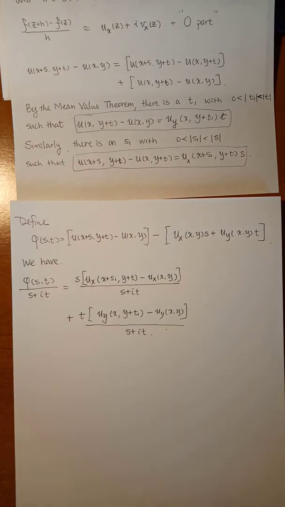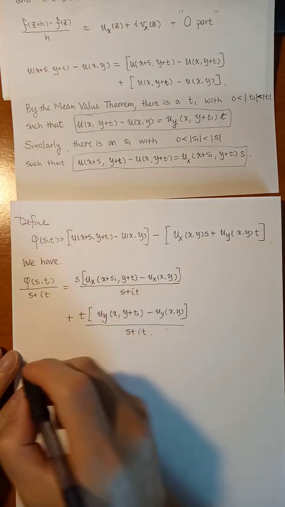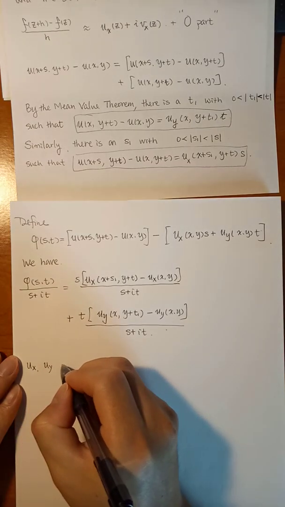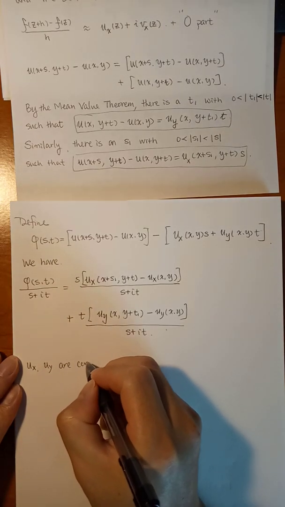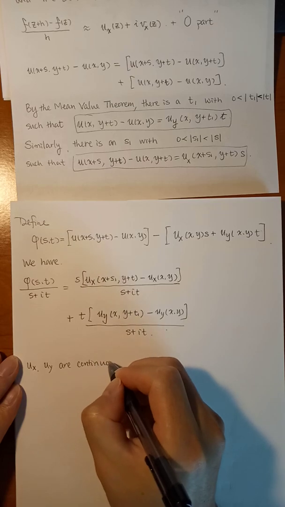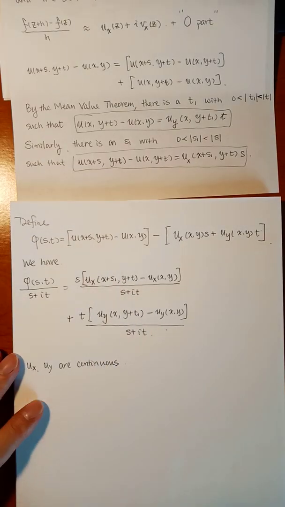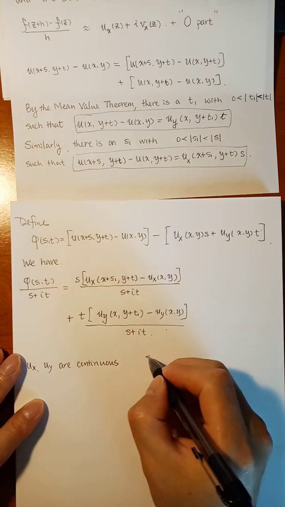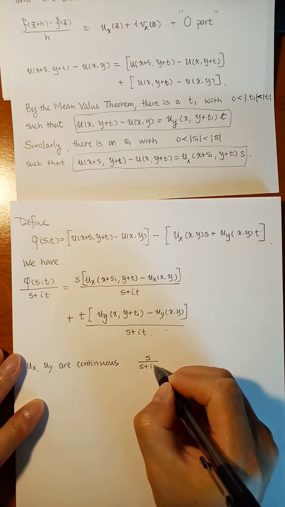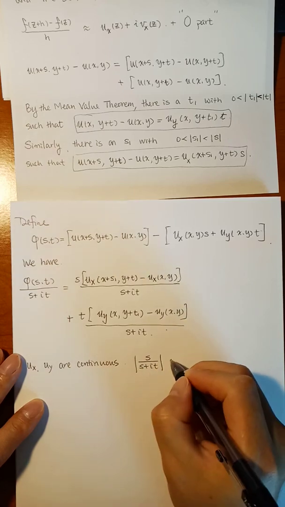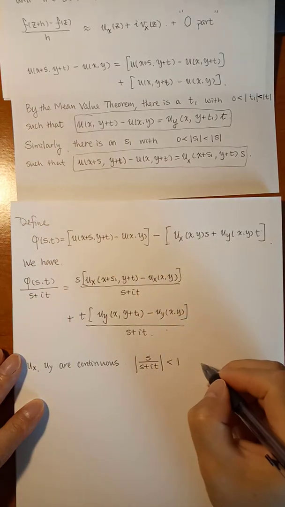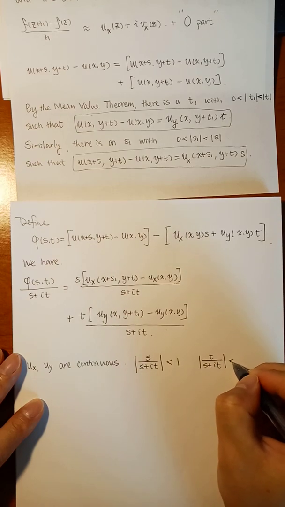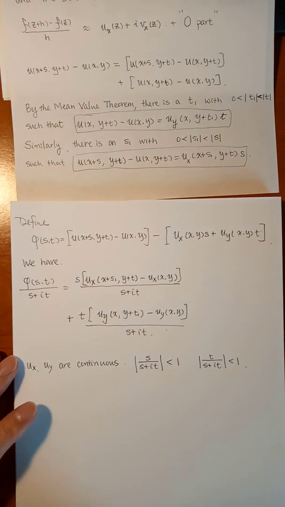Now let's see. U sub x, u sub y are continuous. They have continuous partial derivatives. We know they are continuous. And s over s plus it, modulus is less than 1. T over s plus it, the modulus, is less than 1, right?